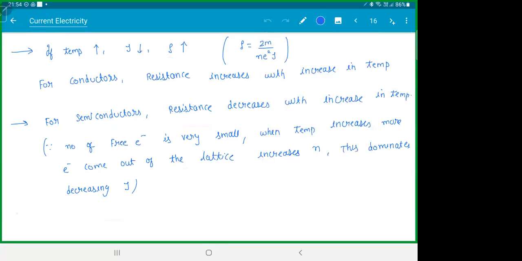There. So we have rho is equal to rho naught into 1 plus alpha delta T. This is how the resistivity changes. Rho naught is the resistivity at 0 degrees. Alpha is the temperature coefficient of resistivity.